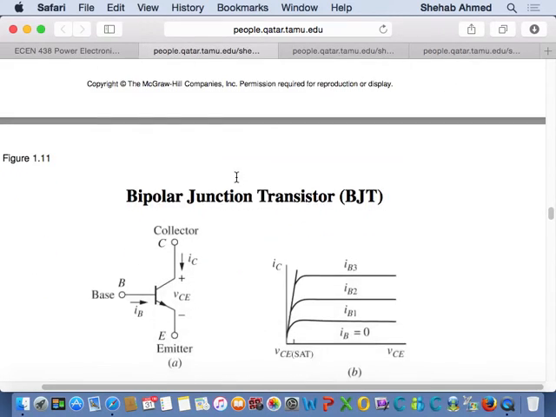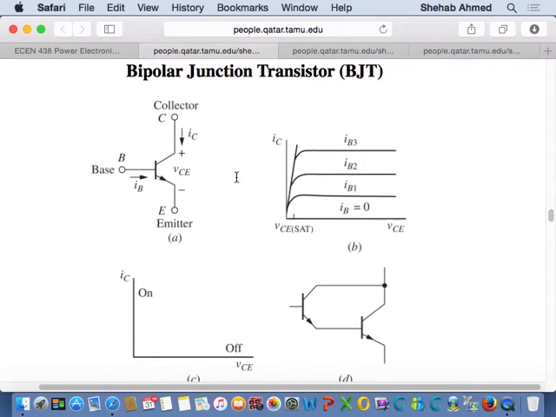And then for BJT devices, there's some interesting variation of that. So BJT devices, we said they are current controlled devices, right? So I have to keep supplying base current for the device to turn on, because these devices have certain gains that dictate the value of collector current passing through will require a certain amount of base current.